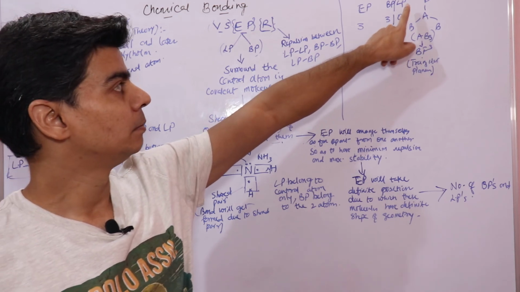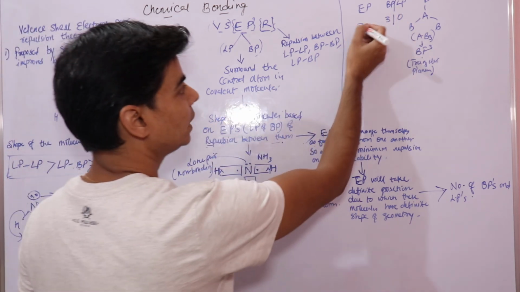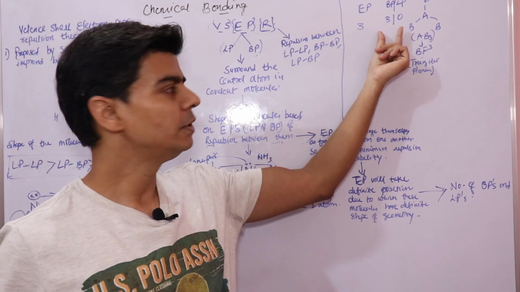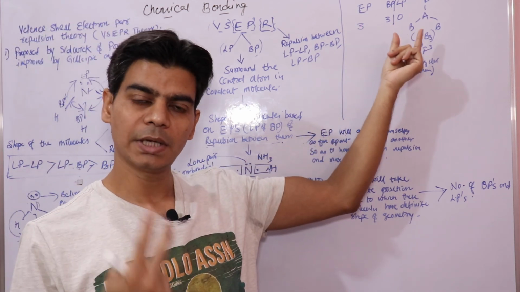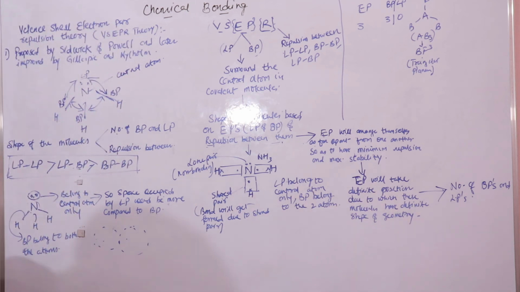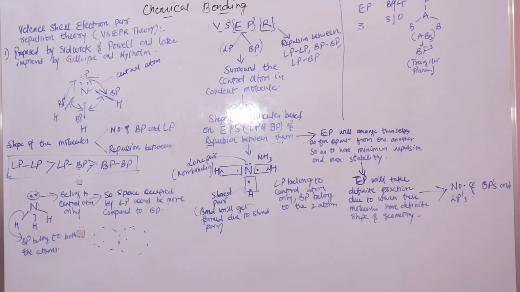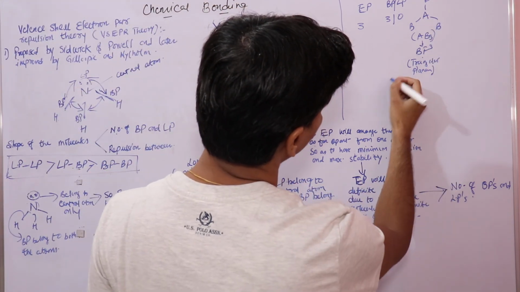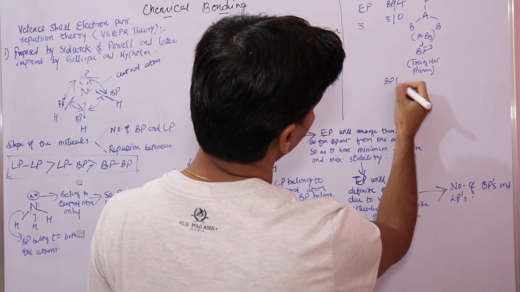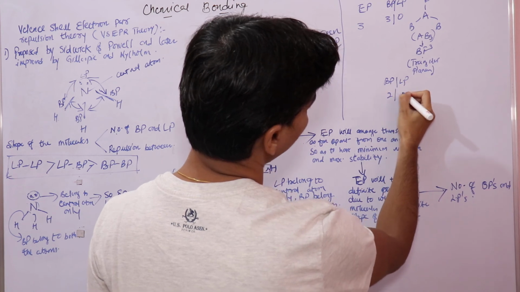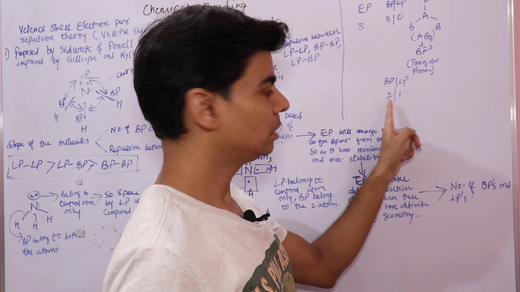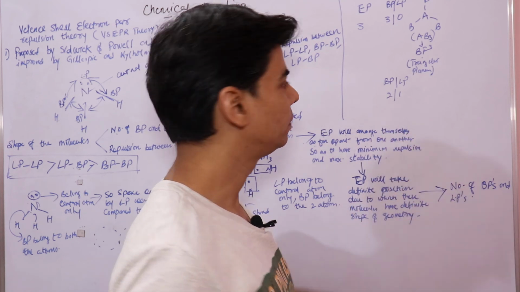Now we will see if we have the same number of electron pairs, but instead of 3 bond pairs, we have 2 bond pairs and 1 lone pair, right? The total electron pairs remain the same, 3: 1 is a lone pair, 2 are bond pairs.